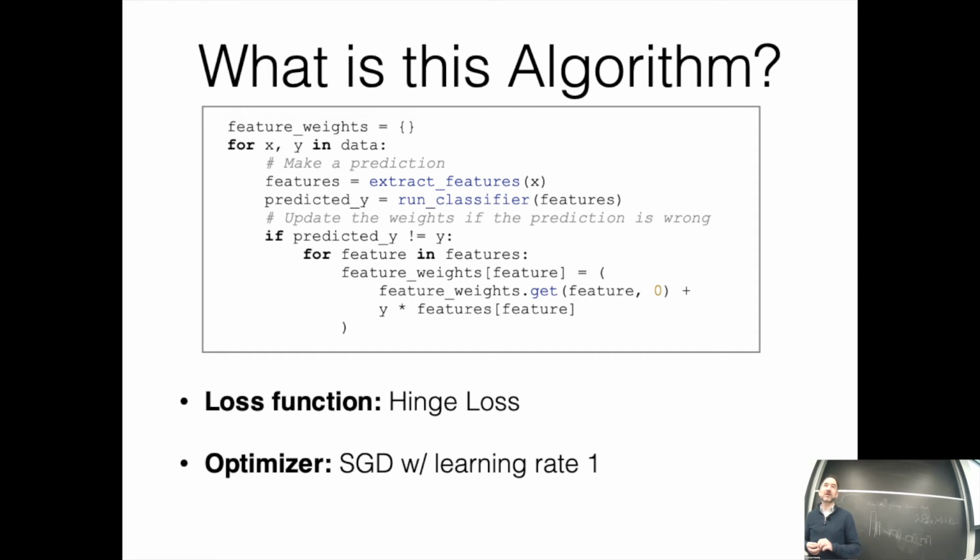I kind of gave you a hint about the loss function, actually. And just to recap what this is doing here: if predicted y is not equal to y, then it is moving the feature weights in the direction of y times the frequency vector.